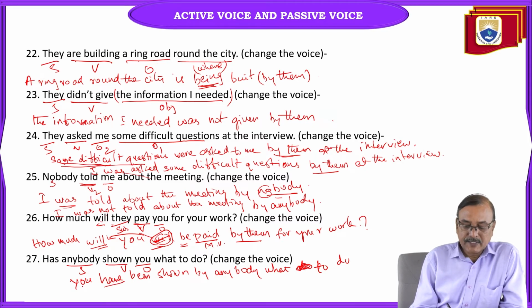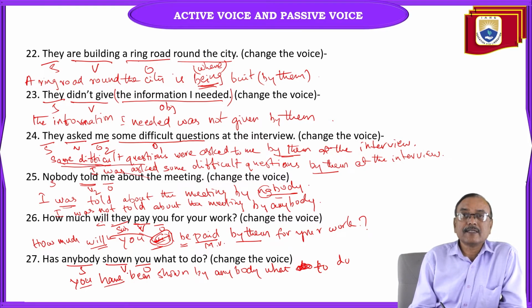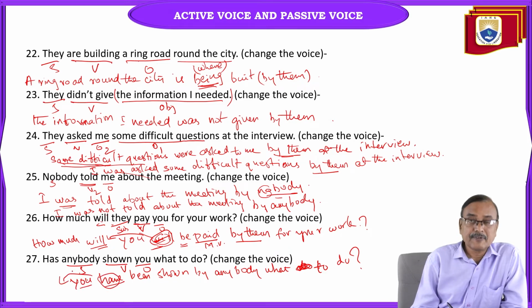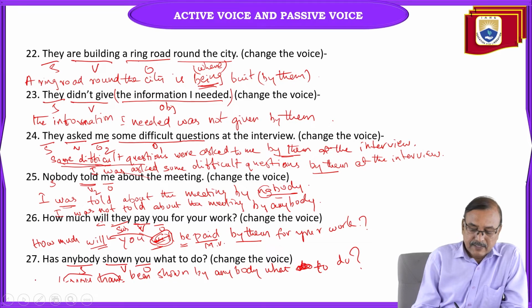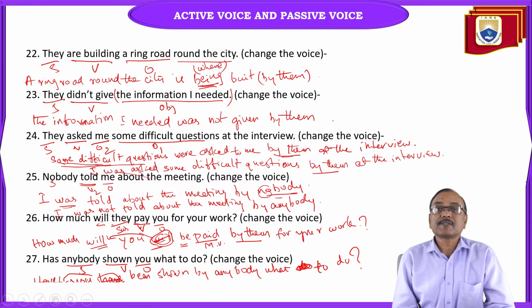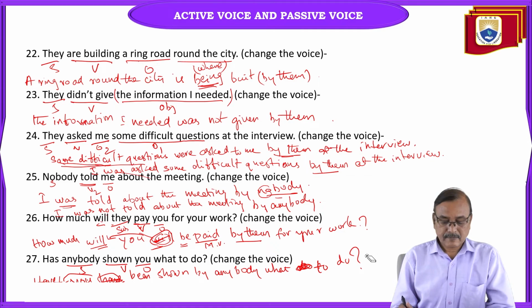Why? It is you. You can't say you has. It should be you have. And since it is a question here, bring this helping verb before the subject. So what is that here? Here it comes, have. Okay. Have you been shown by anybody what to do?